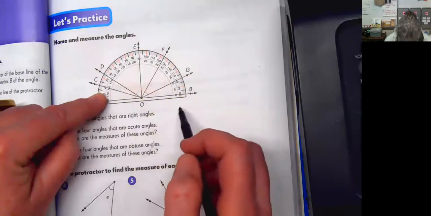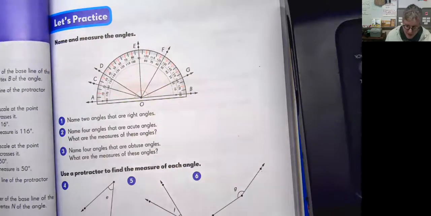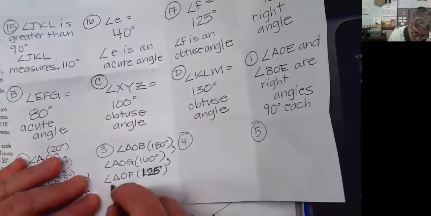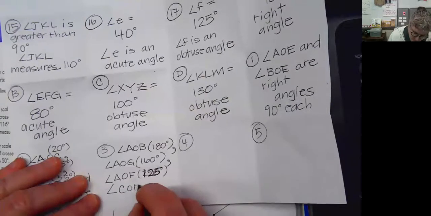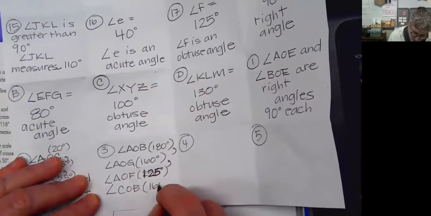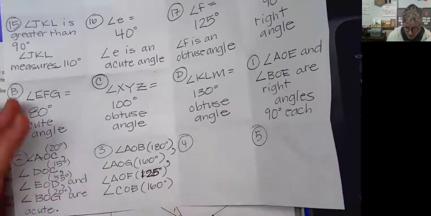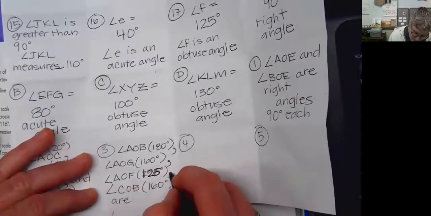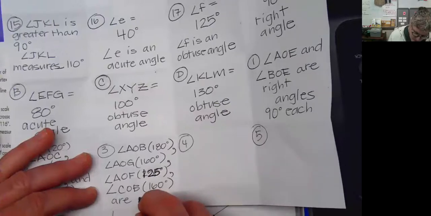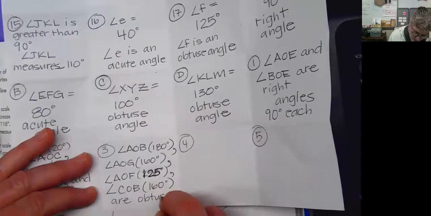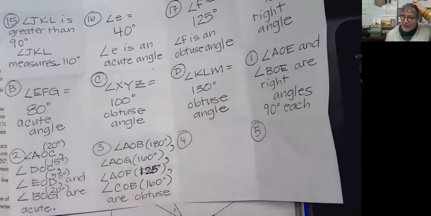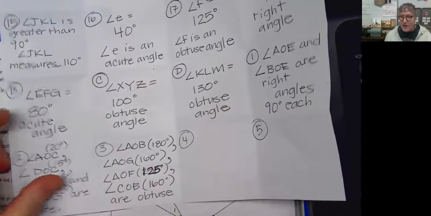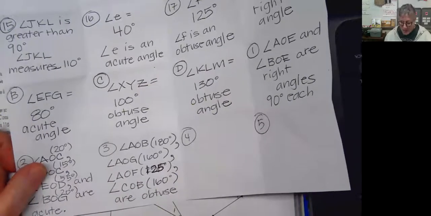So COB is 160. And they are obtuse, right? So they're all greater than 90. All right. That was kind of fun. We got to measure, we got to label.